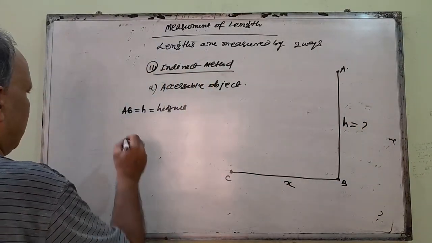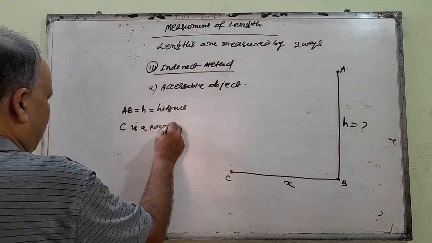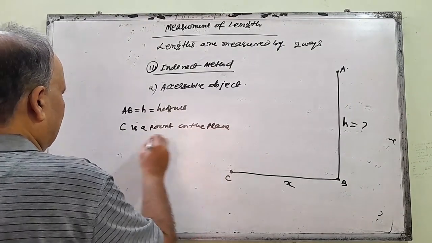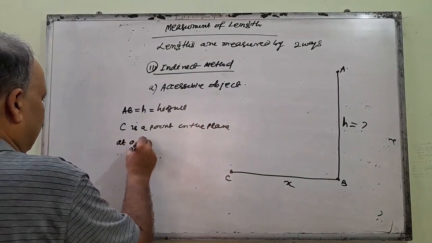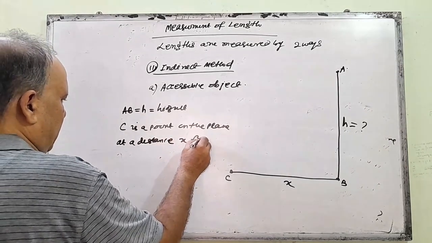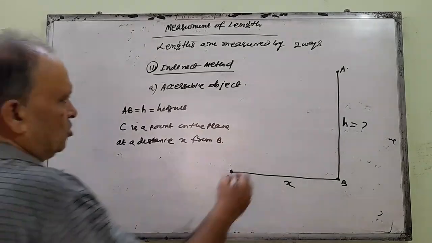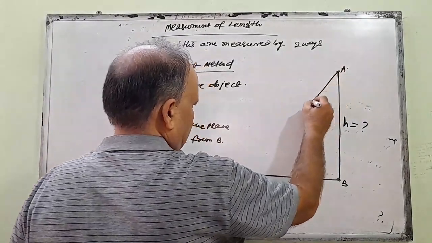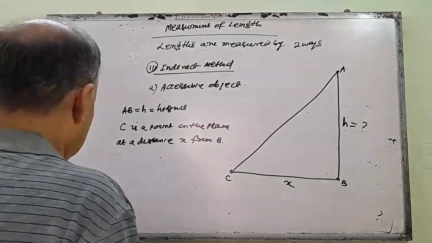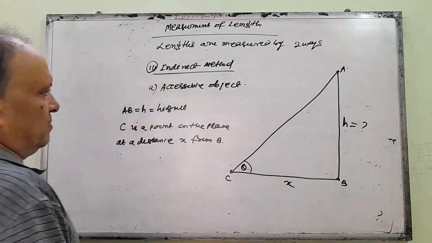Let C is a point on the plane at a distance x from B. So you join this. You join AC. Let theta is the angle of elevation.